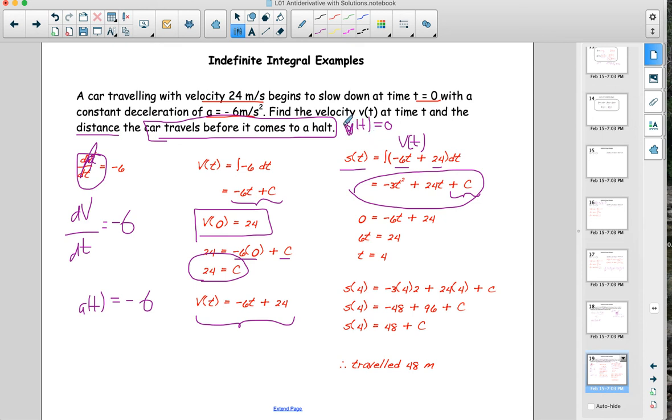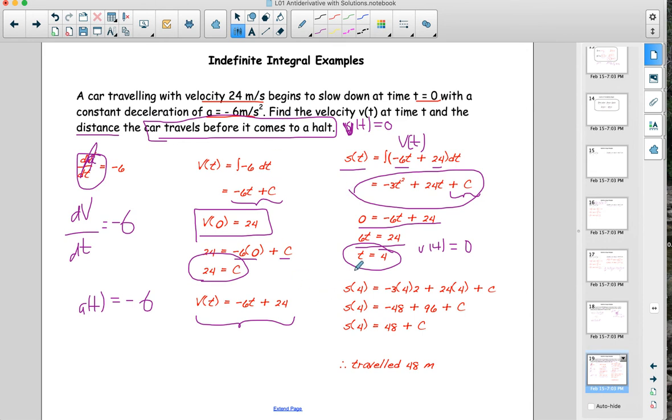What am I saying? It should be v of t. If a car is stopped, the velocity is 0. So v of t is equal to 0. So 0 is equal to -6t plus 24. That gives 6t is 24. That gives t is 4. The car is stopped at 4 because v at 4 is 0. And if the velocity is 0, we're not moving at that point in time.